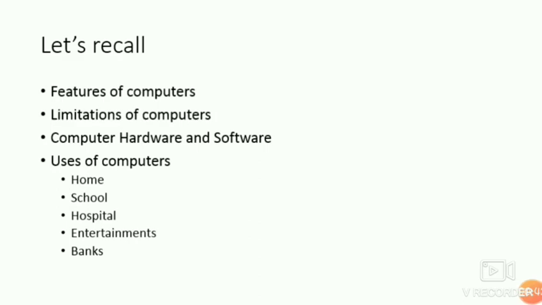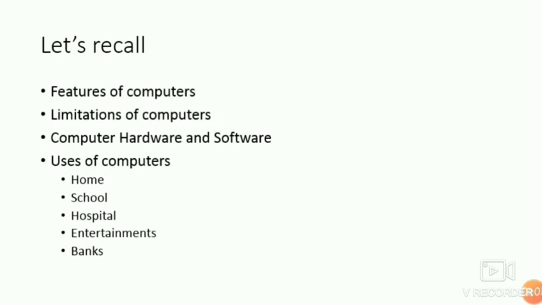Then, we did learn about computer hardware, the physical part of computers that we can see and touch, and computer software, a set of instructions that tells the computer to perform specific tasks. Then uses of computer. Use of computer at home.